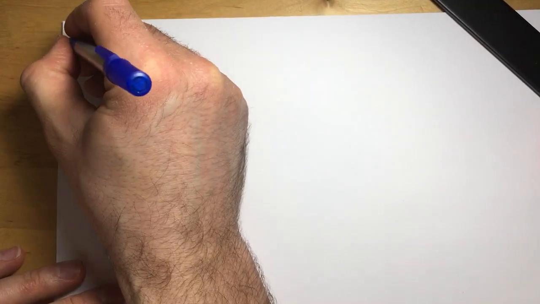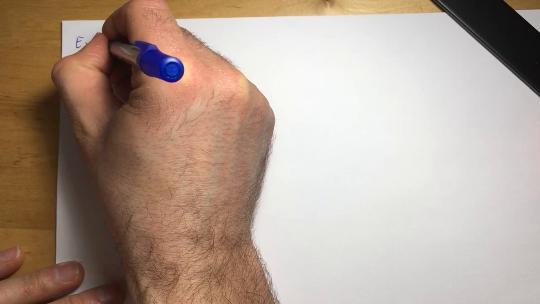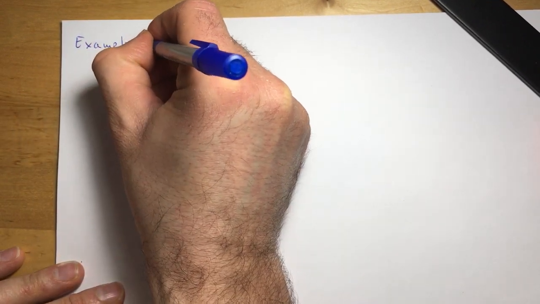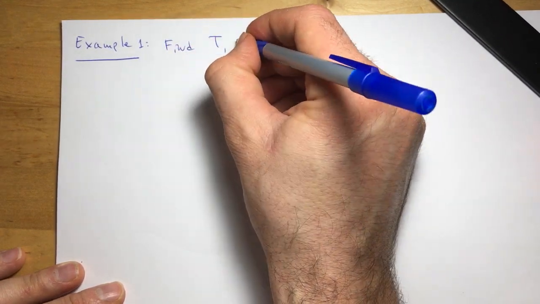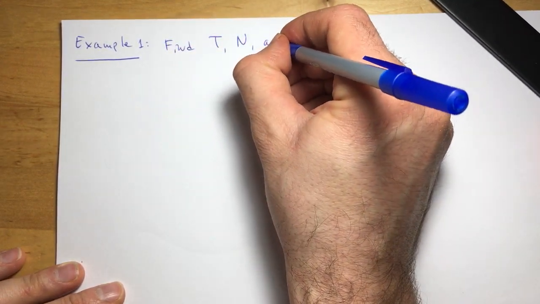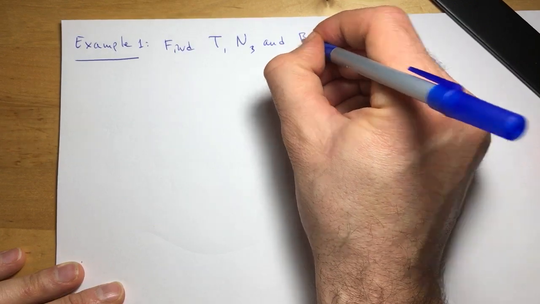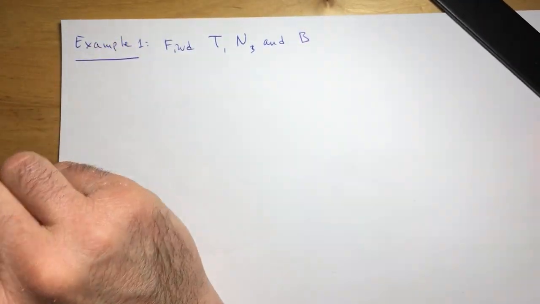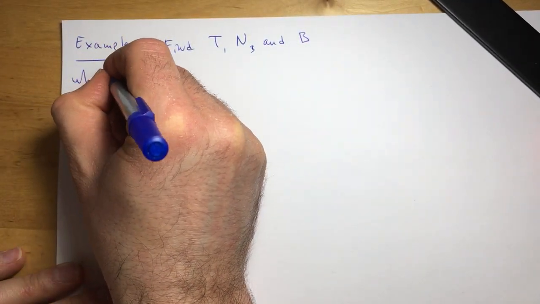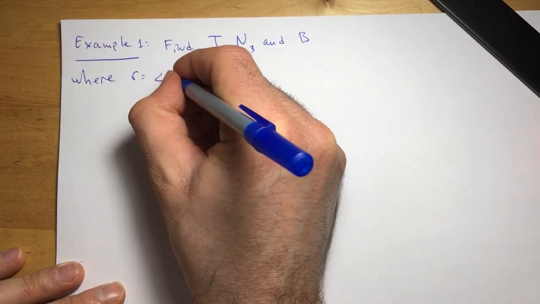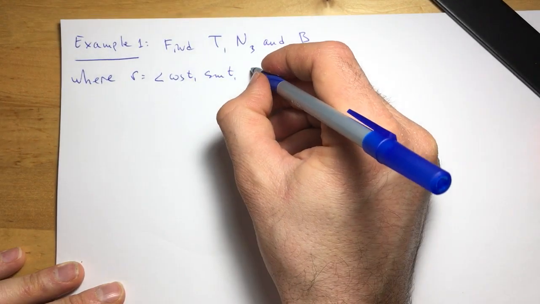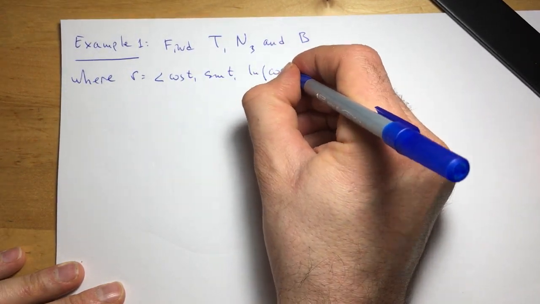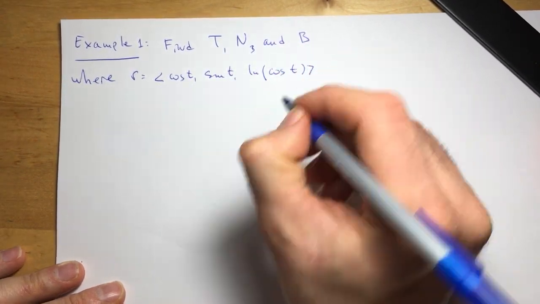So let's do an example. For the first example, find T, N and B, where R is defined as cosine of t, sine of t, ln of cosine of t.